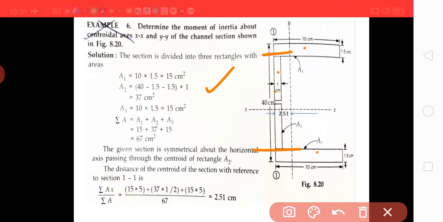Then A3 is the same as A1, again 15 square centimeter. Add all these three, total area becomes 67 centimeter square. The given section is symmetrical about the horizontal axis. It is symmetrical about this axis, so the y dimension is automatically reduced to be 0 here.